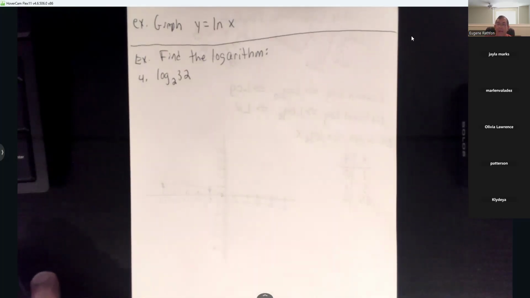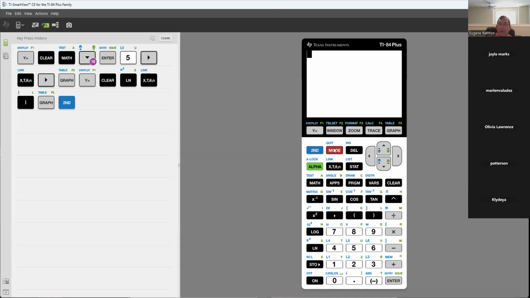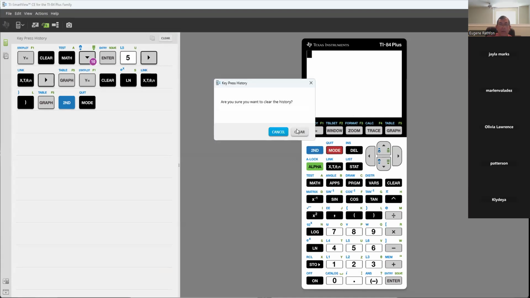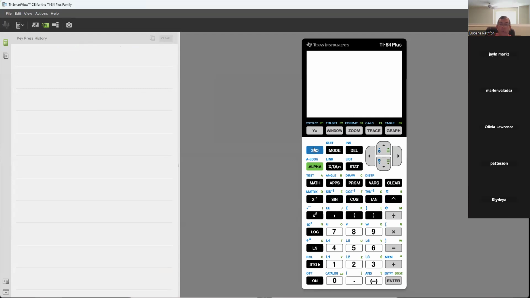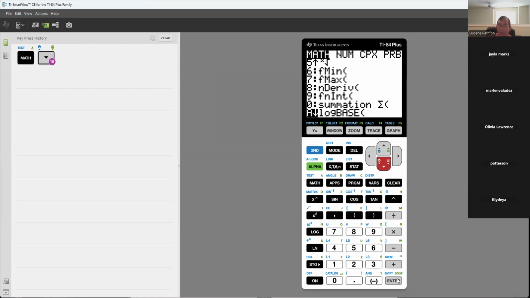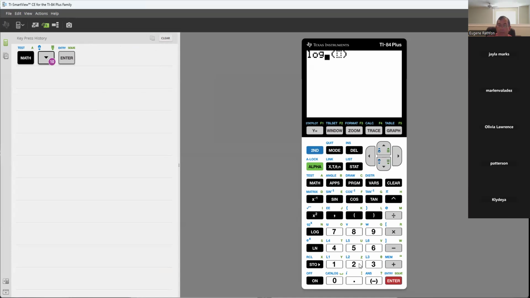But y'all remember, we got the calculator, remember? So we can go to our calculator, go to math, arrow down and get log base, hit enter. That was a log base 2, arrow right and put in 32. So now, log base 2 of 32. How many times do I got to multiply 2 times itself to equal 32? So y'all, when I hit enter, I get 5.